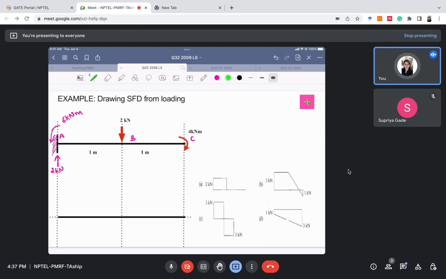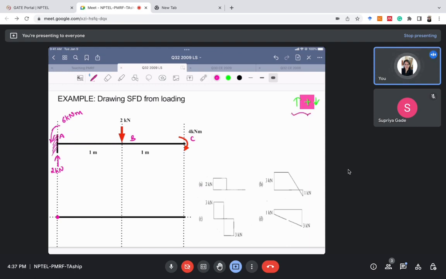Let's now quickly draw the SFD for this particular case. This is the sign convention I'm going to follow for drawing the shear force diagram. I'll start from the left section. At section A, there is an upward point load of magnitude 2 kilonewton.